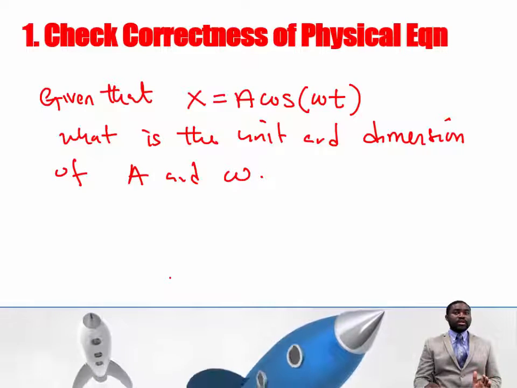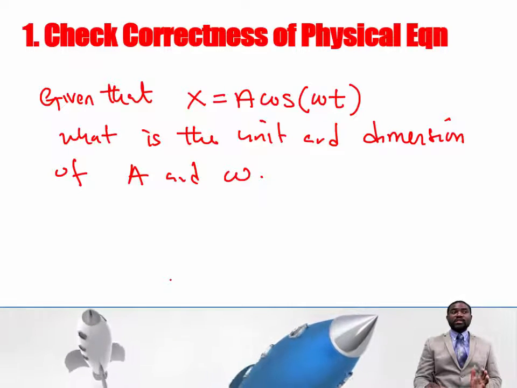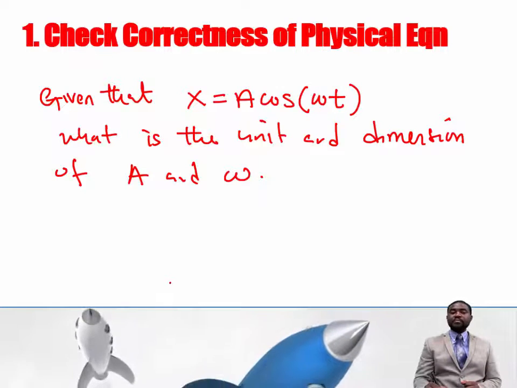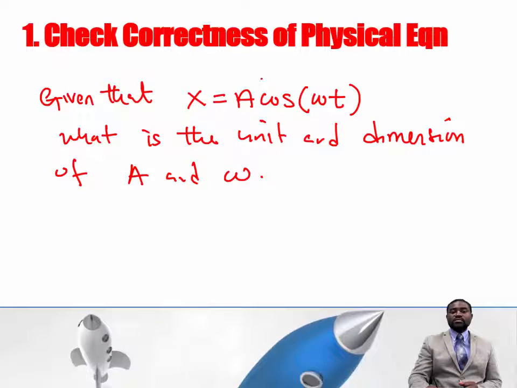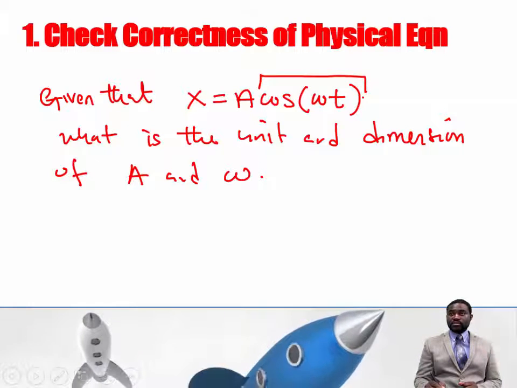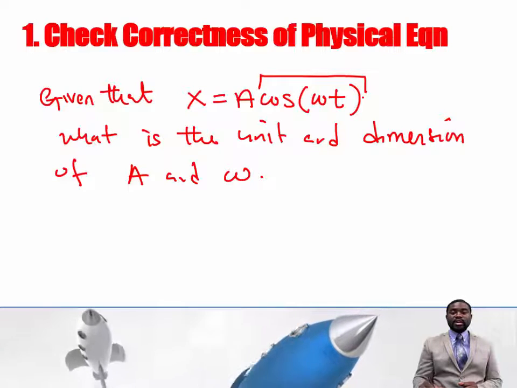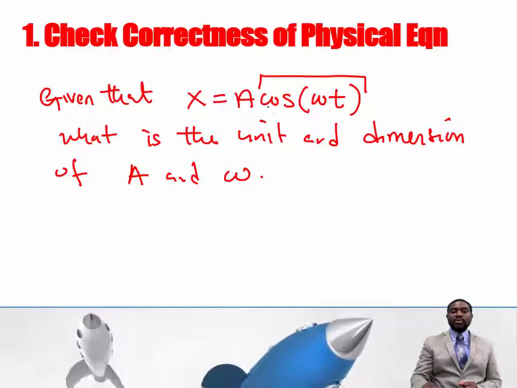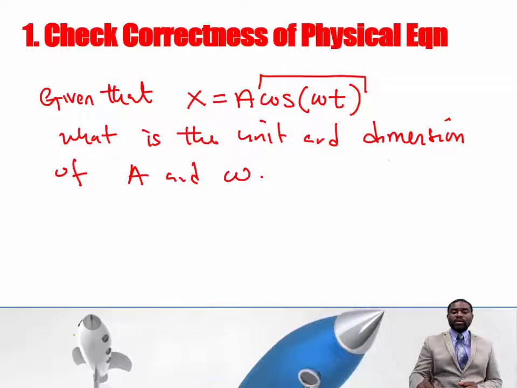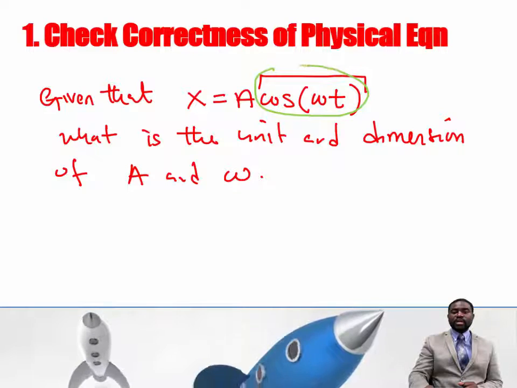We can only equate two things with the same dimensions, right? We can only add or subtract two things with the same dimensions, right? Great. We also know that trigonometric functions are dimensionless. Are we together? What that means is that the dimension of this quantity is 1.